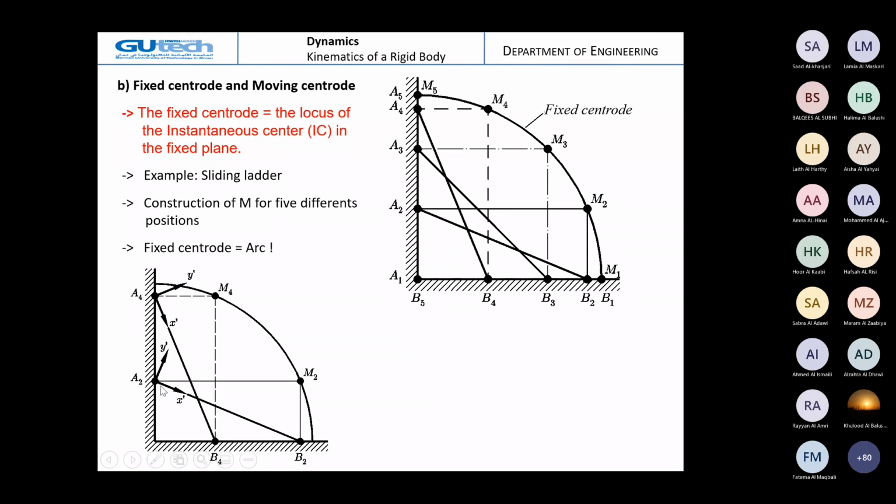Now if we take two points, for example A2 and A4, we have M4 as the center of rotation for this point, and M2 as the center of rotation for this one.